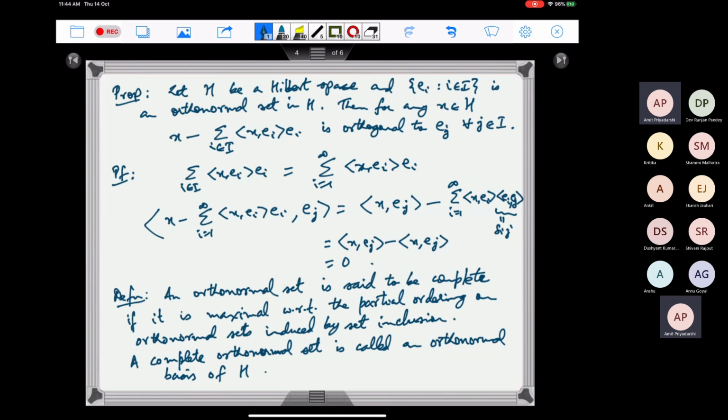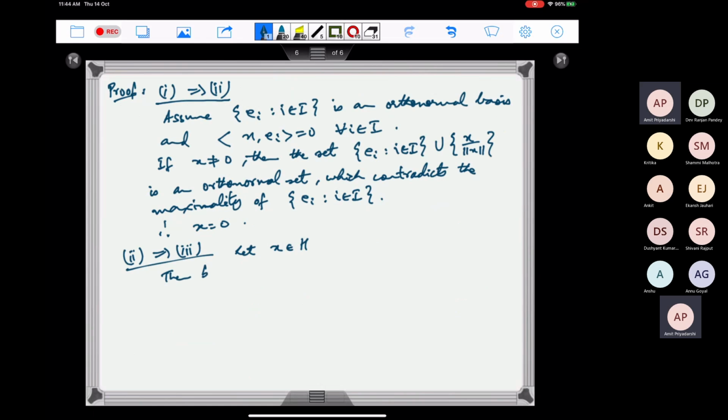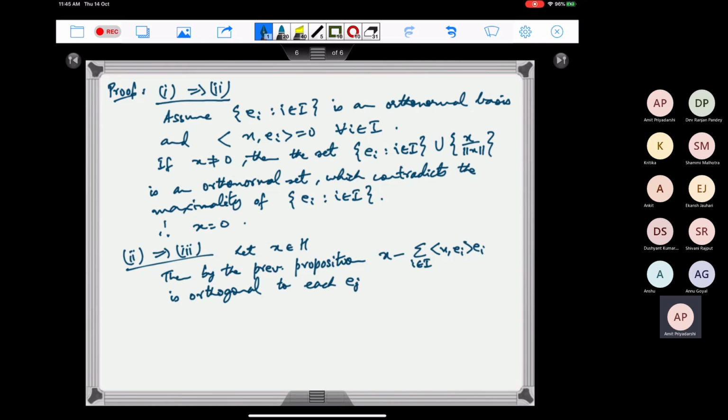So we'll use this. By the previous proposition, x minus summation i in I x dot e_i e_i is orthogonal to each e_j, j in I.